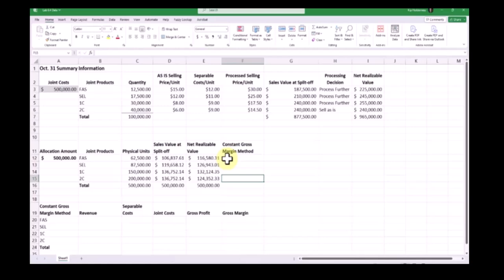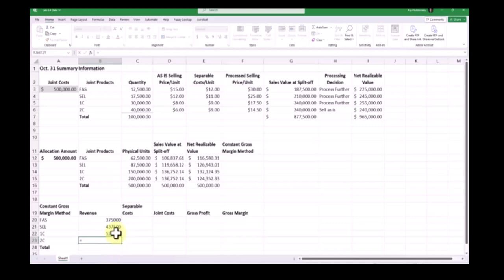And just like before, we're going to assume that the choice to process units further is contingent on whether Heartwood can make more money. So the total revenue that we're going to get from first and seconds is the board feet times the processed further price or revenue per unit. And that's going to be the same for the next 2 products.